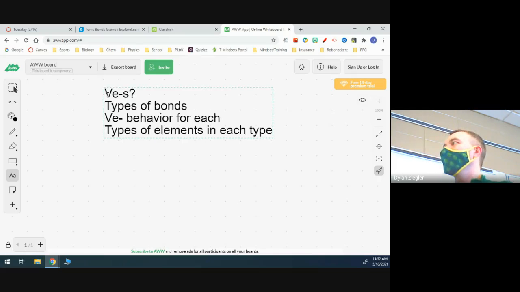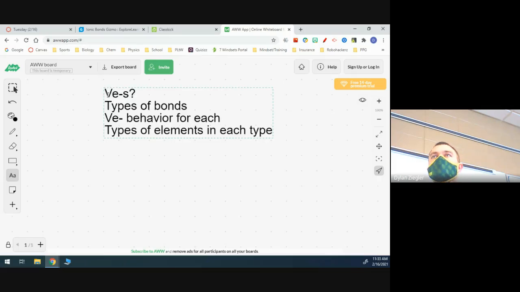What's the most amount of valence electrons an atom could have? Yeah. 8. Why 8? Yeah, the electron rings or the orbitals can only hold up to 8 electrons. All of them hold 8 except for one ring.